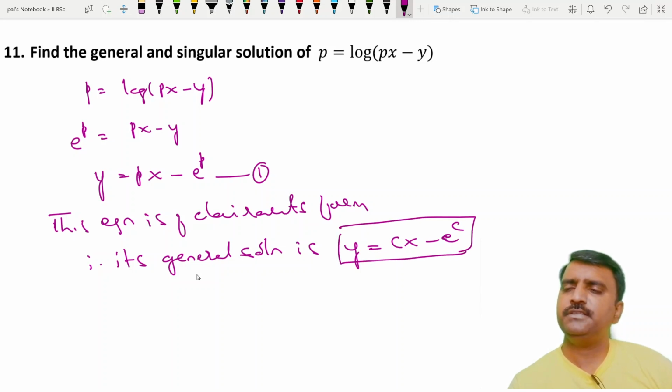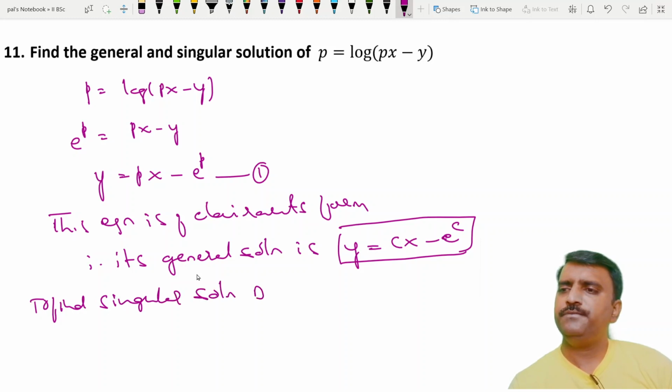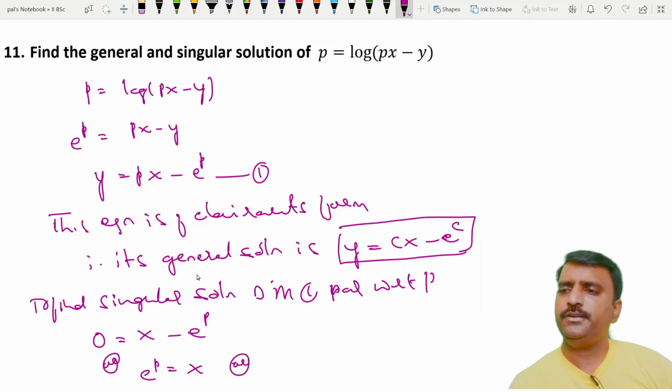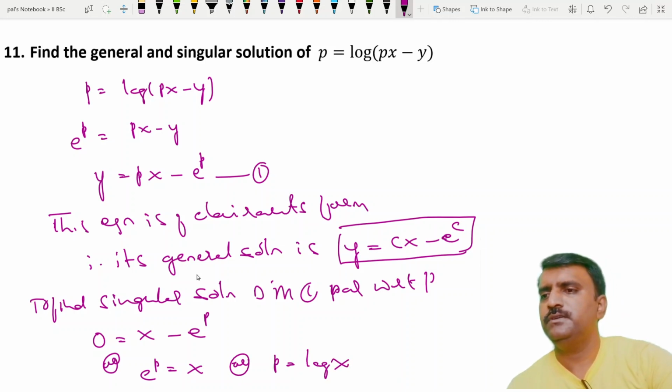To find its singular solution, differentiate equation 1 partially with respect to p. So then 0 is equal to x minus e to the p, or e to the p is equal to x, or you can write p is equal to log x.